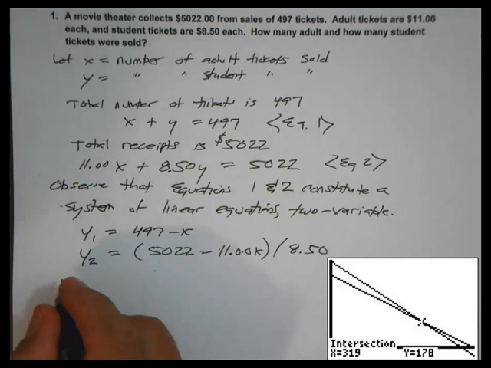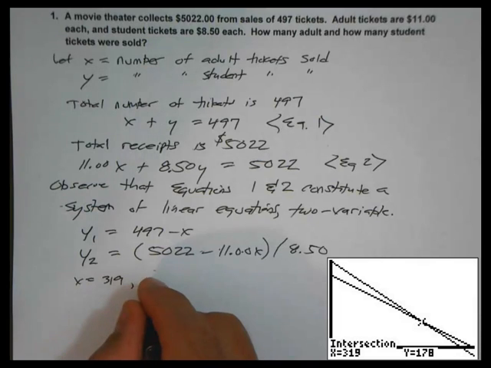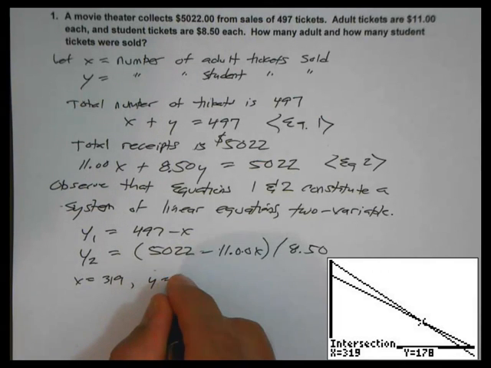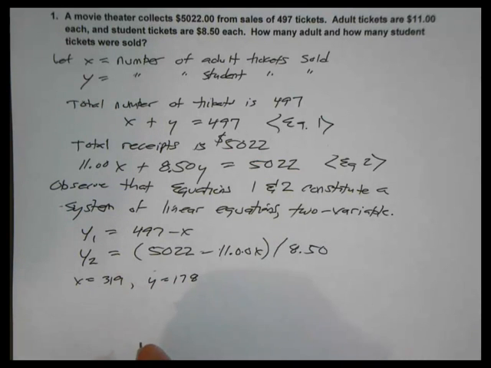Alright, let's start to record what we have here. So here in our solution, we have x equaling 319 and y equaling 178. Now, this is a real question, so we want to translate this back into the real world. What does this mean? Okay, x, that was the number of adult tickets sold.